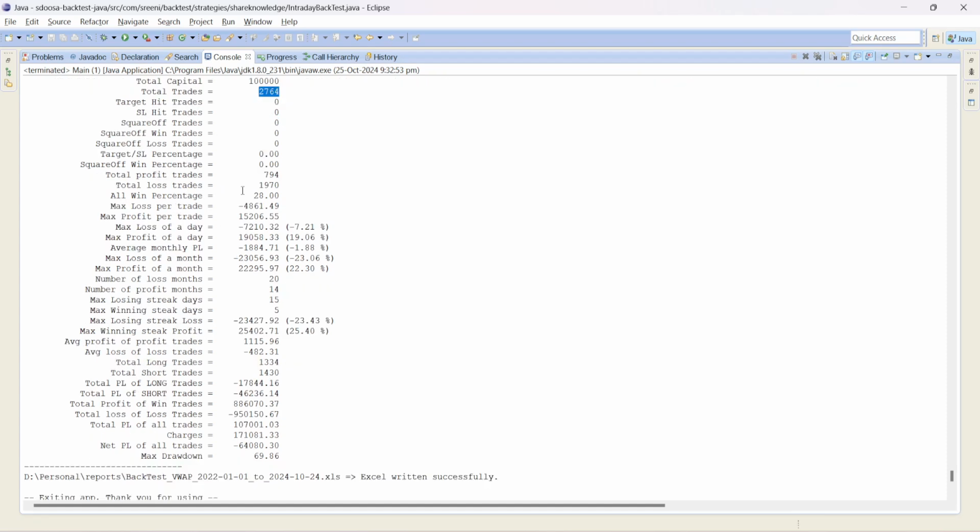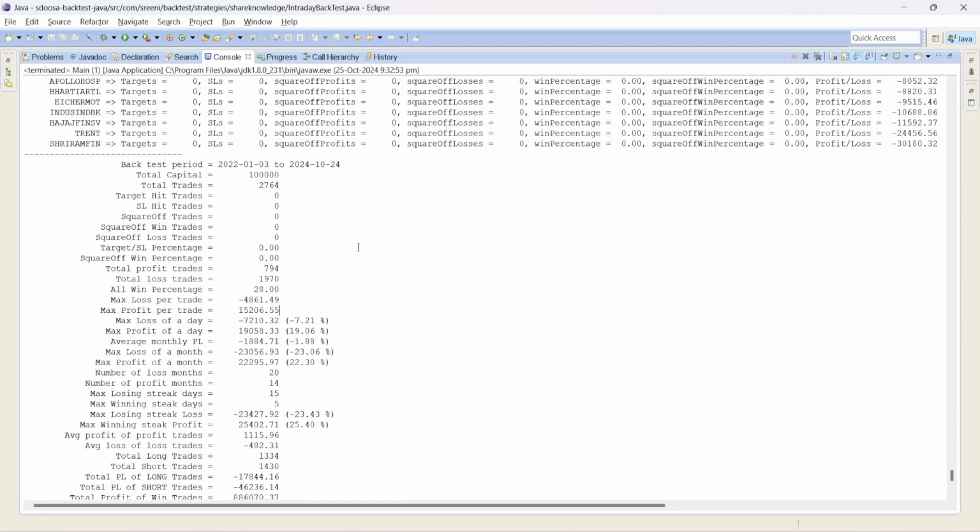Look at the total loss trades, 1970, and profit trades, 794, that is a 28% win ratio, less than 30% again. In this strategy, we don't have any stop loss or target, so we cannot predetermine how much loss you're going to make in a particular trade. This result is known only after we have run the backtest, or even if you trade in live markets.